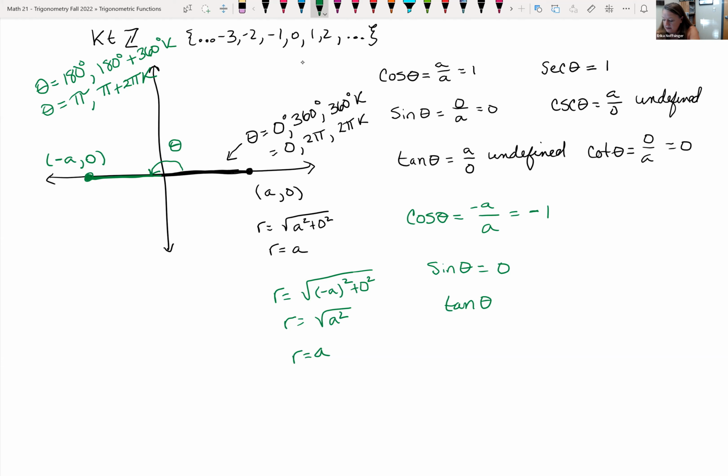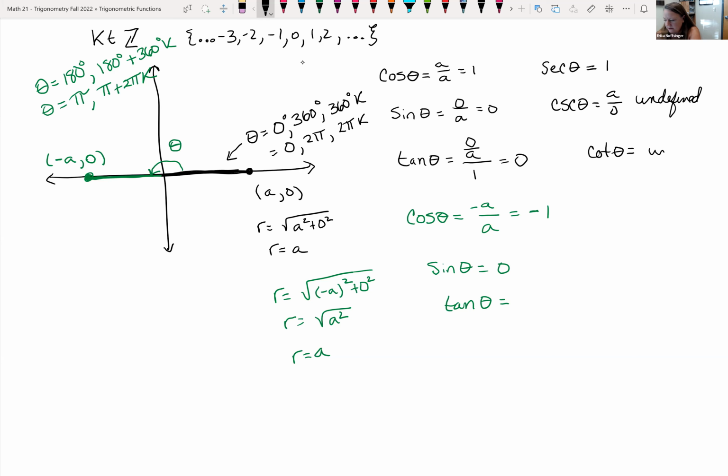Tangent theta, so we're going to have, sorry, I was off on something over here. So I'm stopping, sorry about this, but tangent theta and cotangent theta are totally off. And let me just show you why. If we were looking at it as sine over cosine, 0 over a divided by 1, which is 0. So this one is 0.